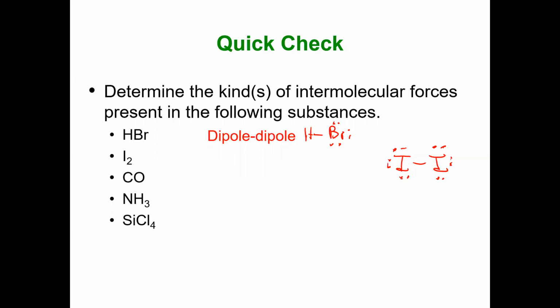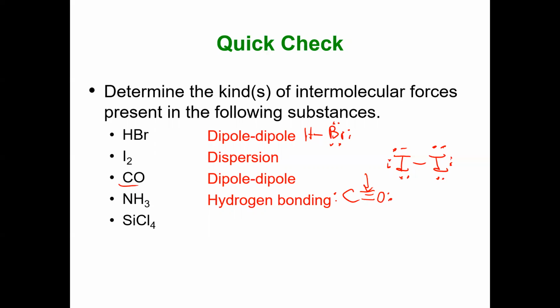So we look at this is a non-polar bond, dispersion forces, or London forces. We look at carbon monoxide. Well, what do we have? It's a polar bond with 1 sigma and 2 pi clouds, dipole-dipole. Again, remember the pi clouds, very easy to polarize them because they're not held between the 2 nuclei.